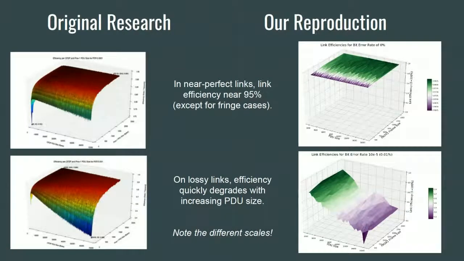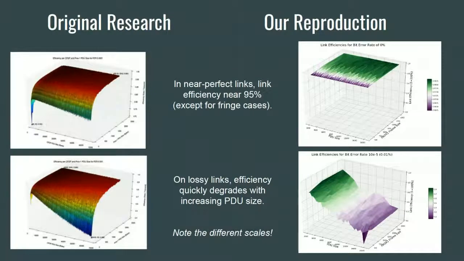But the trend here, they seem to match pretty well. It gets a little bit more interesting at the bottom, which considers a much higher bit error rate. And it's not an apples-to-apples comparison because the original publication was parameterized with frame error rate. My simulation over here used bit error rate.